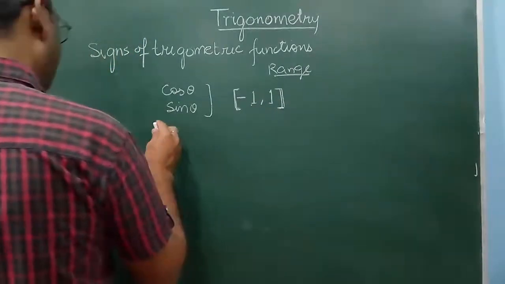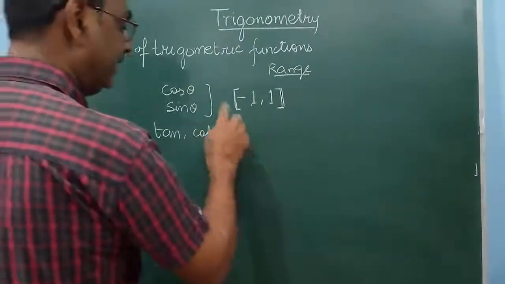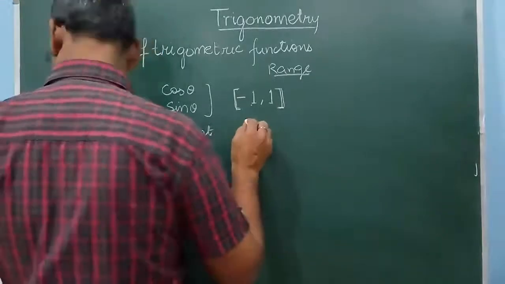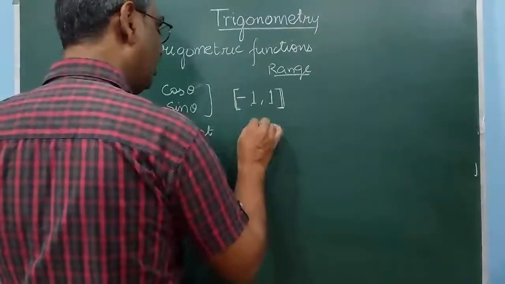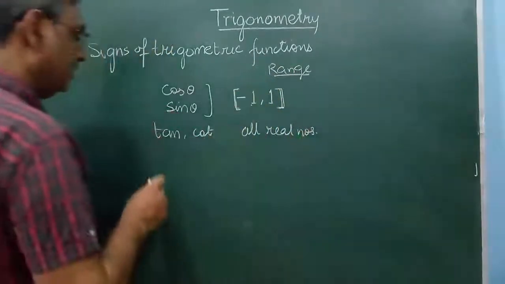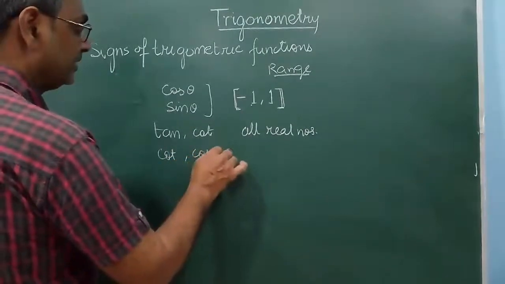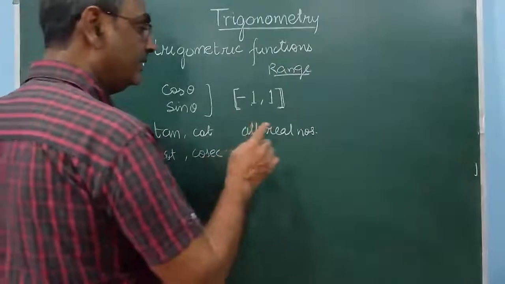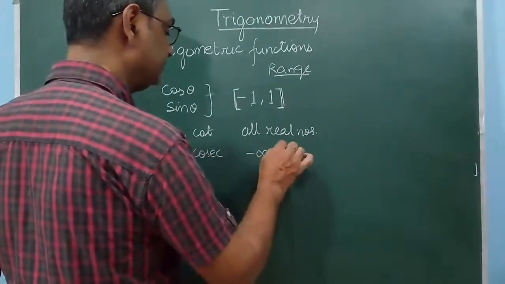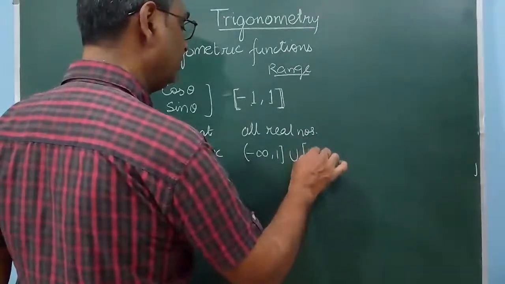Then we have tan and cot. For tan and cot, the range is all real numbers. Then we have sec and cosec, which exclude these two: from -infinity to -1, union 1 to infinity.